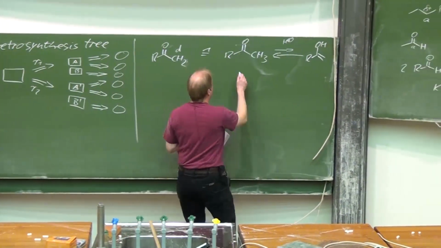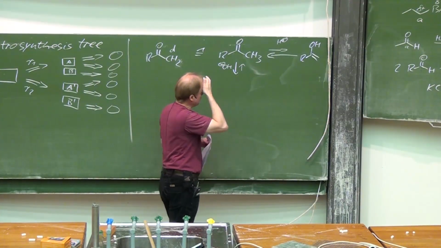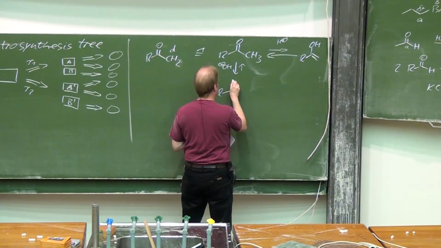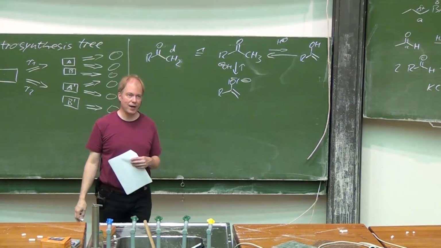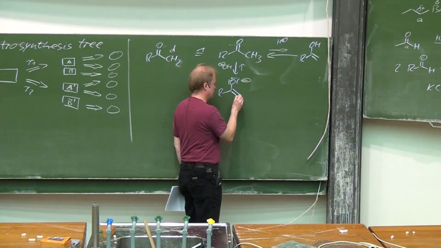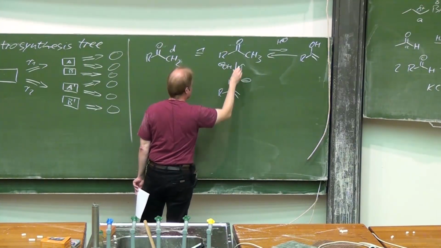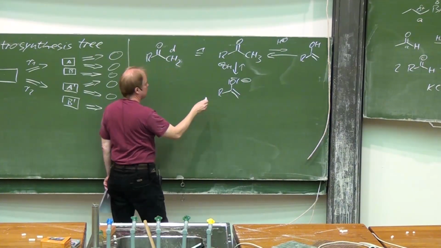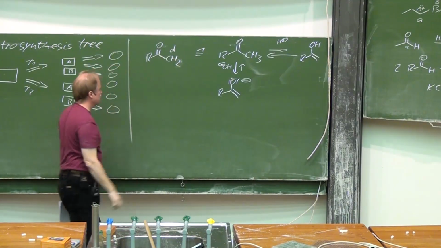Under basic reaction conditions, it will just be deprotonated, and you will form the enolate. And the enolate, of course, is highly nucleophilic at this position. Well, this is that carbon transferred to a really highly nucleophilic center, being in accord with this synthon.